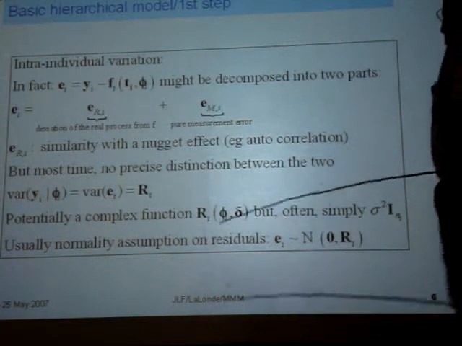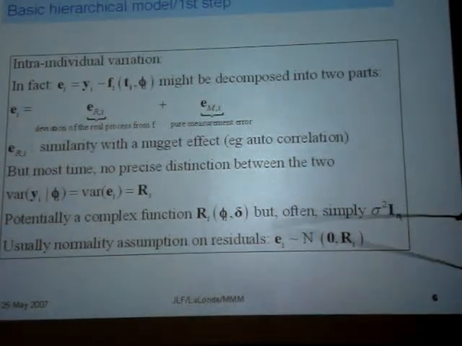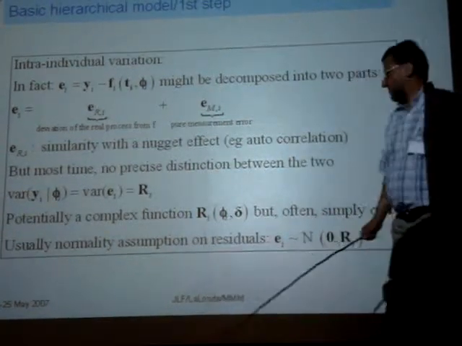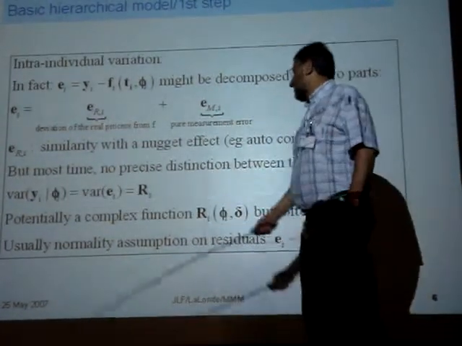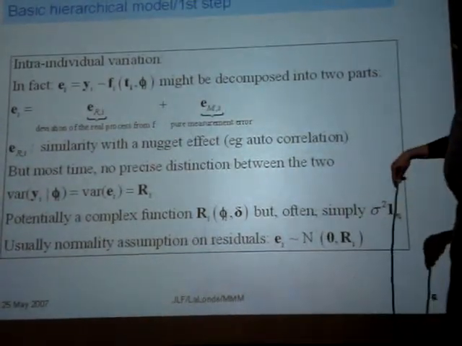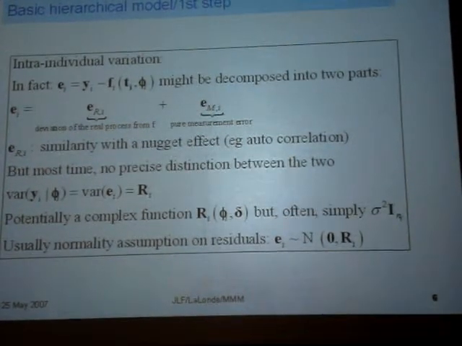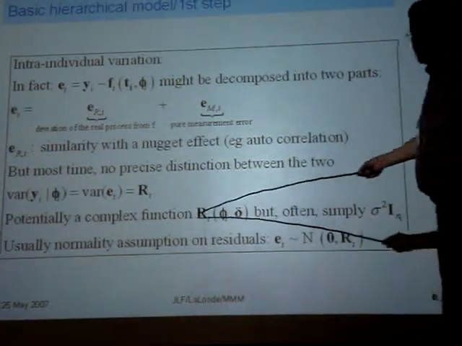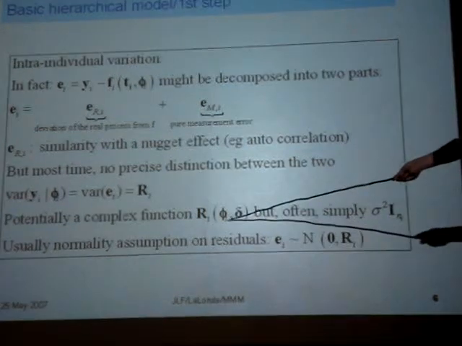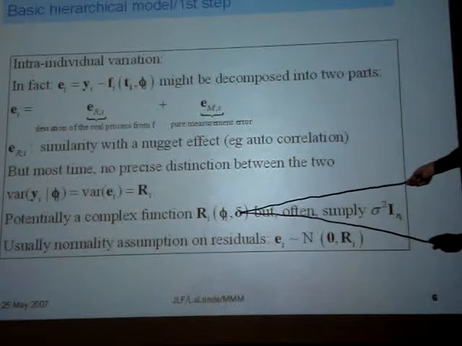Most of the time, nevertheless, there is no precise distinction between the two. And usually we will put together these two components and we'll write that the conditional variance is the residual variance, and we'll use Ri to denote this residual variance. Potentially this Ri is a complex function. It may depend on the individual parameter, and it may depend on specific parameters.